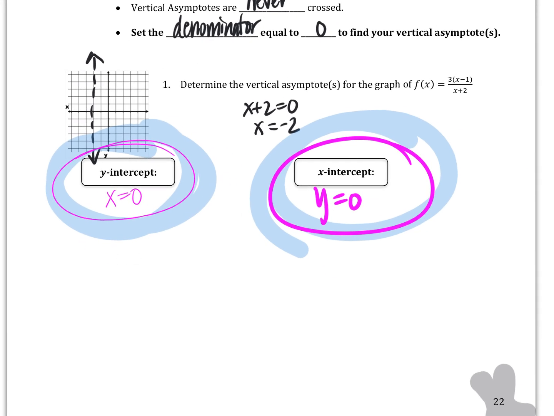So this equation, we already wrote what my vertical asymptote was, -2. We drew that in. To find my y-intercept, I just have to plug in 0 for my x's. So y equals, let's plug in 0 to each of those x's. I'd have 3 times 0 minus 1 over 0 plus 2. What would that get me?